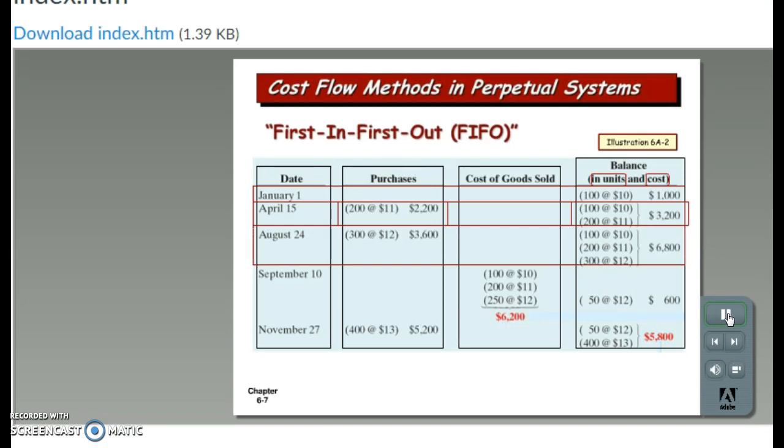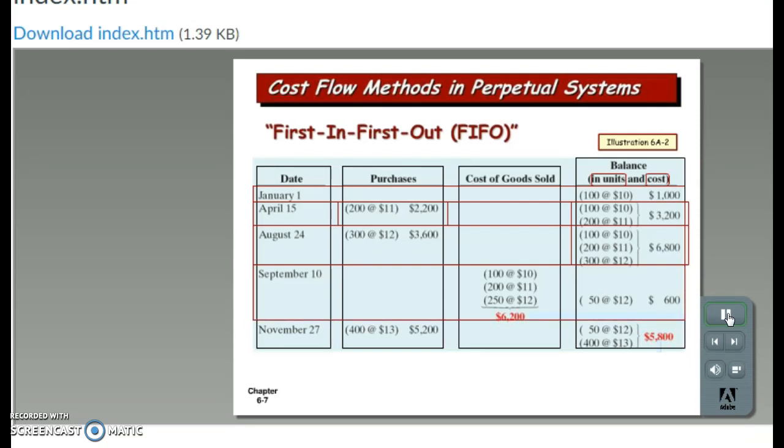On August 24th, after the purchase of 300 units at $12 each has been recorded, the inventory balance now consists of 3 layers of inventory: 100 units at $10 each, 200 units at $11 each, and 300 units at $12 each for a total of $6,800.